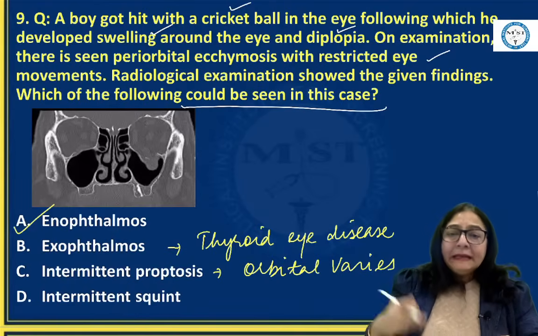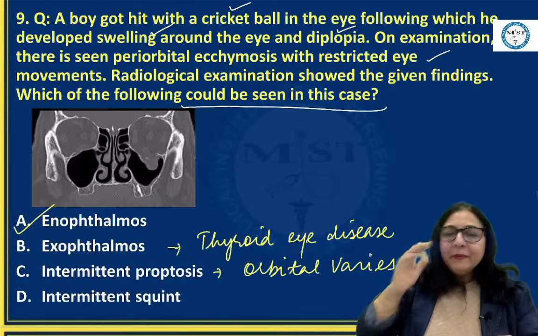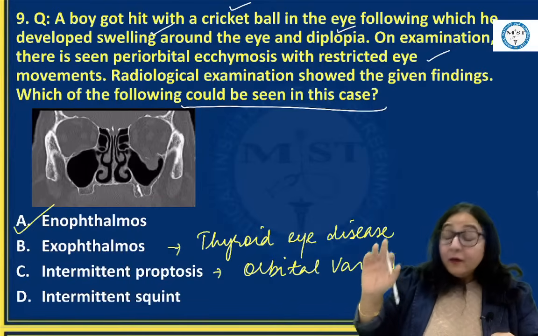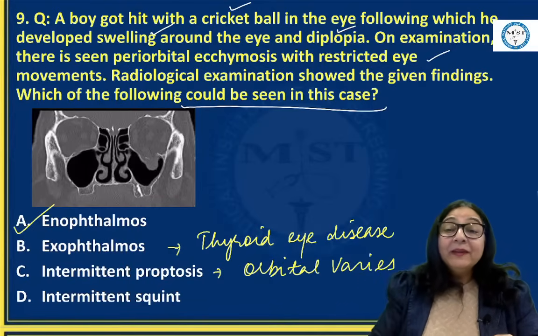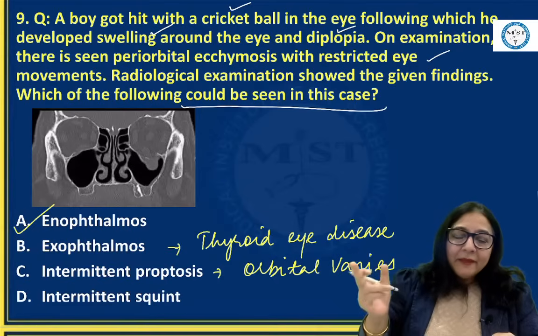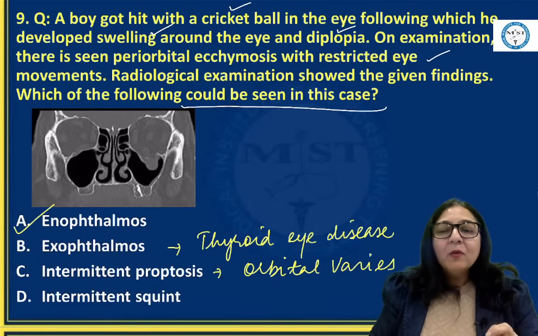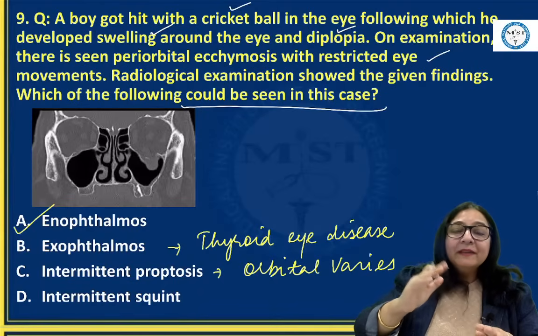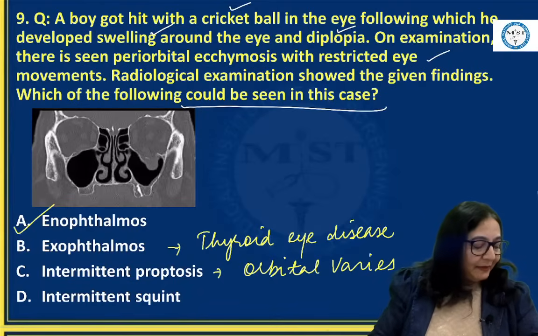Intermittent squint can be present mostly in exotropia, and it can also be seen in cases of myasthenia gravis, because when there is extraocular muscle palsy, intermittent diplopia and mild squinting can be there.